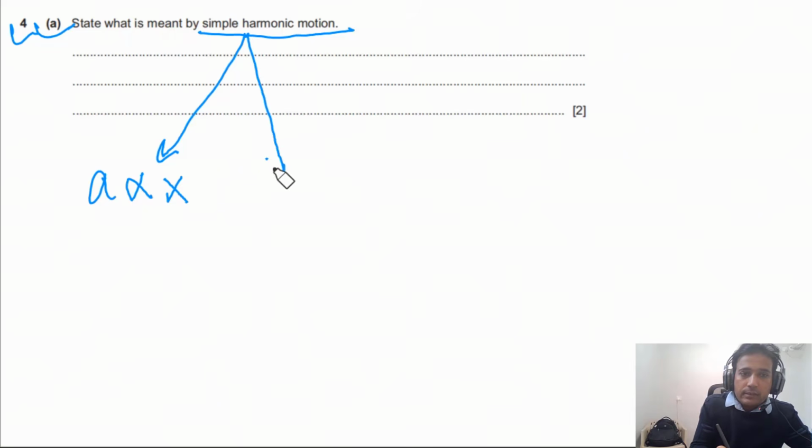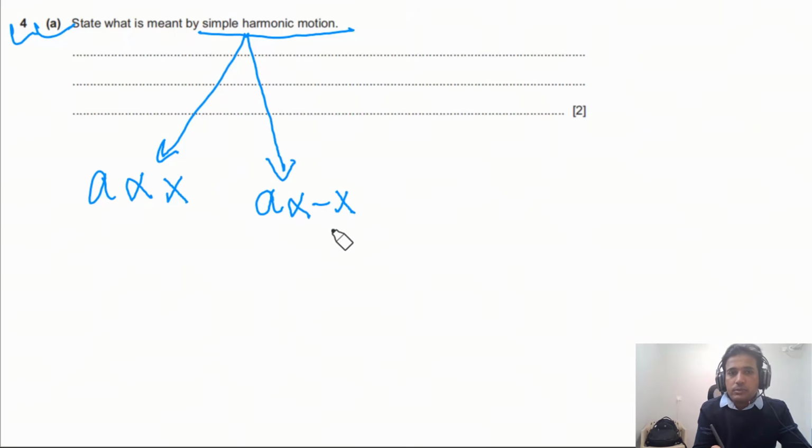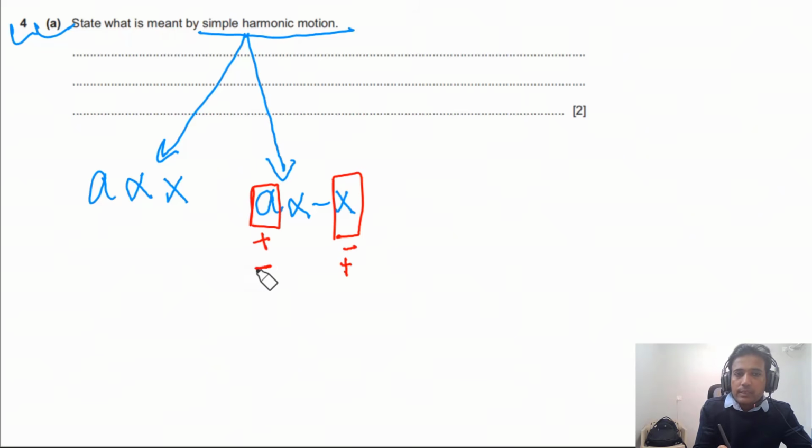And the second, acceleration and displacement are in opposite directions. It means when one is positive, the other one has to be negative. So this is the second.